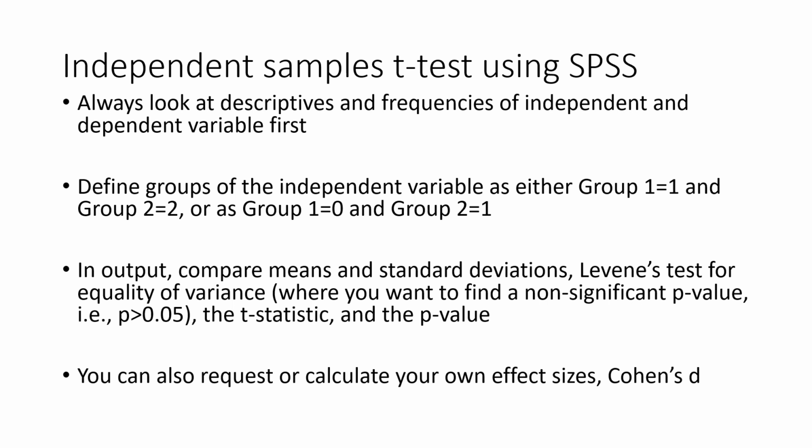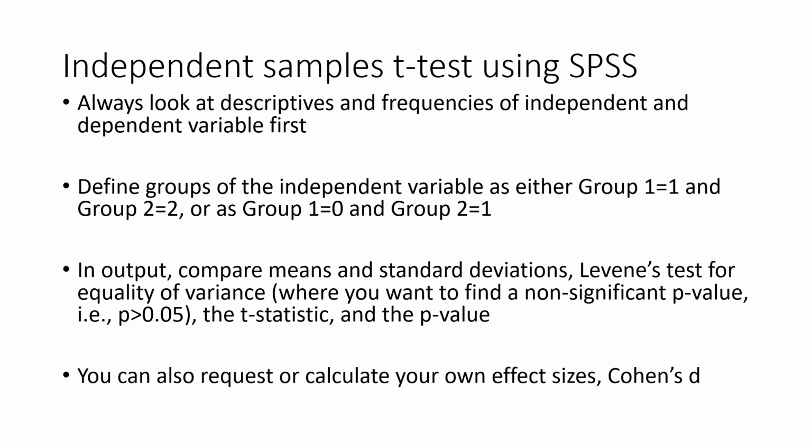So when you actually request the test be carried out and you look at the output window, what you're going to do is to compare the mean scores across the two groups and standard deviations. You're going to look for a Levene's test for equality of variance.